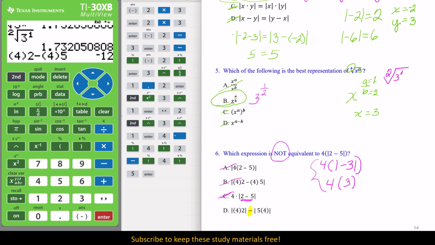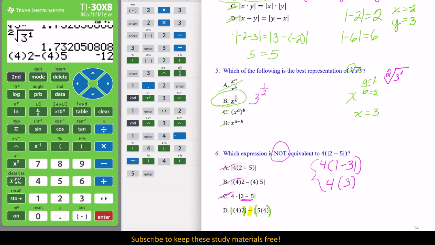And because inside each absolute value, those items are already positive, we can just put everything in parentheses or not even type the absolute value because we already know it's positive.